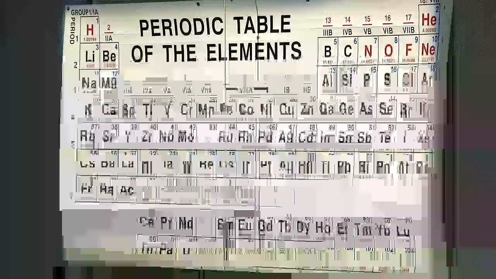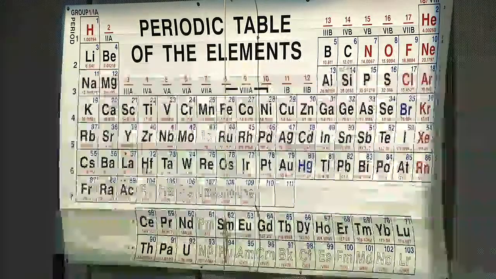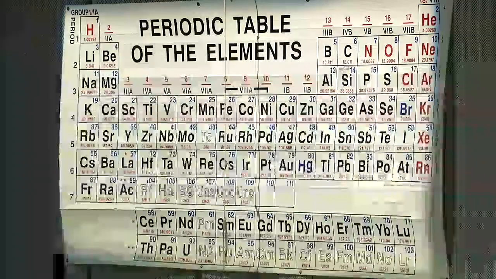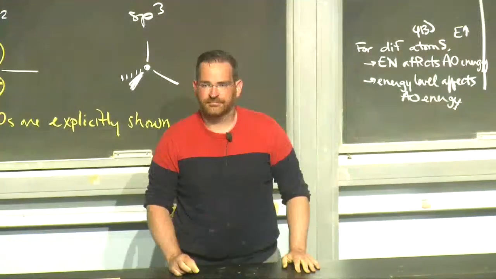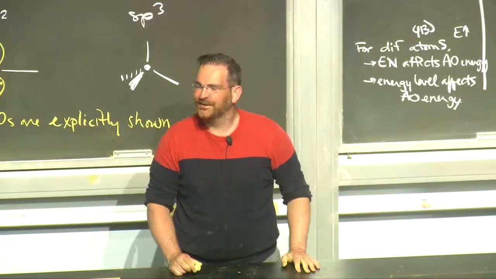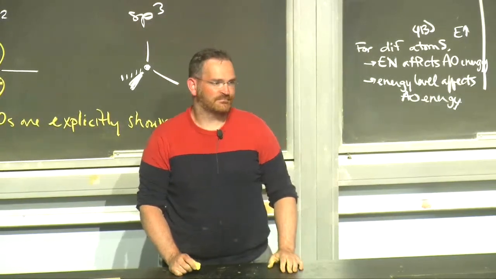And so what we have to figure out together is which one do we consider first? What do you want to do? Good talk. We'll do electronegativity first. How's that?